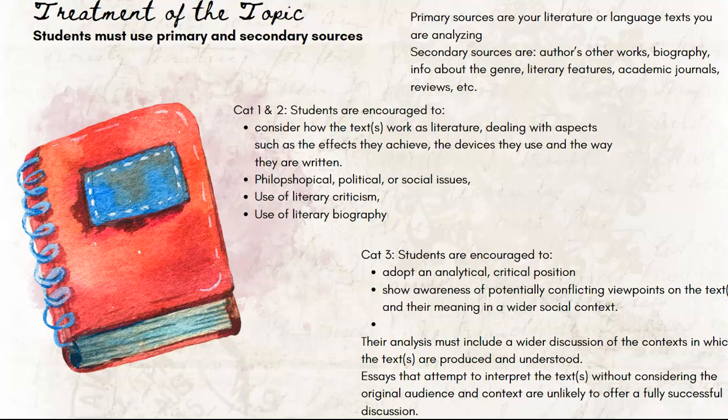So your analysis in a category 3 has to be based on a wider context: how does it affect this place, this time, these people, this issue, this event? If you simply just interpret ads from a commercial or Wendy's tweets or whatever, but you don't actually consider who the original audience was, you're not going to get a good grade because things exist within the time that they were written.